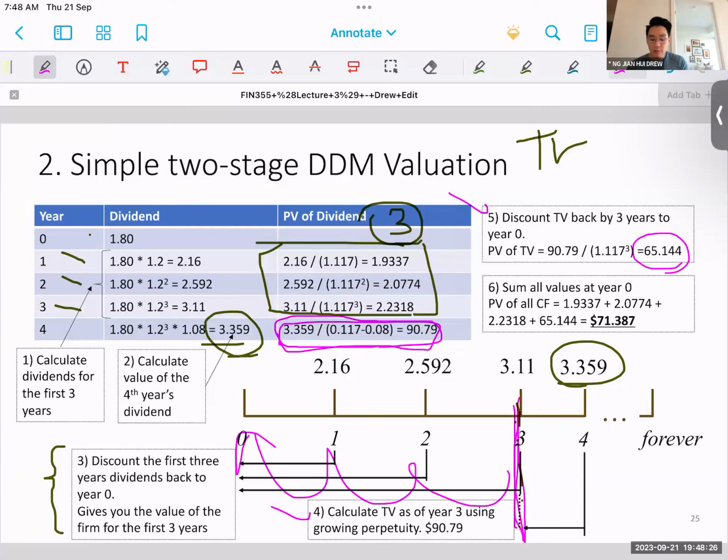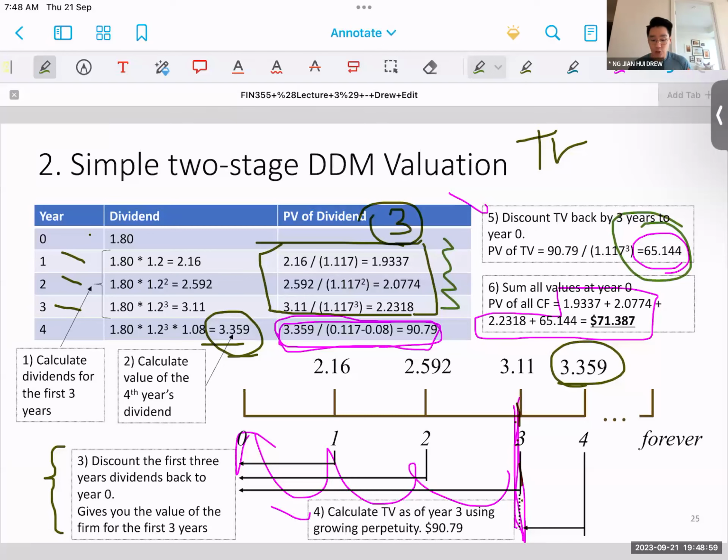And then we simply add up the 3 cash flows that we have calculated. So we add this plus this. Yes, that's correct, we are using D1 divided by, so it's the growing perpetuity formula. So D1 divided by it.